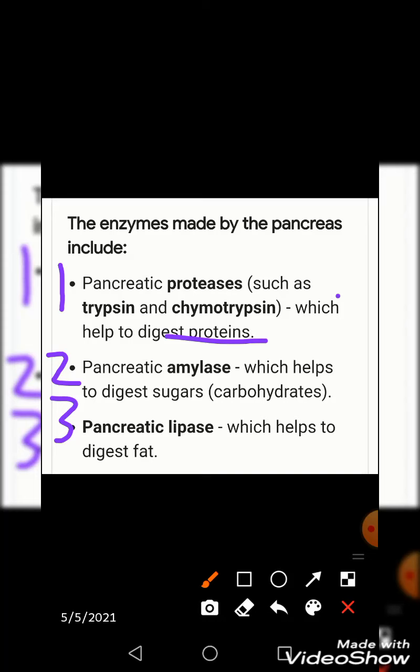In addition to all these, we have deoxyribonucleases and ribonucleases for the digestion of nucleic acids. So they are all listed, and as I have told you, they are supposed to make your food into a simpler form and help in digestion.